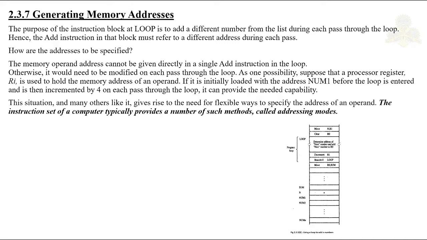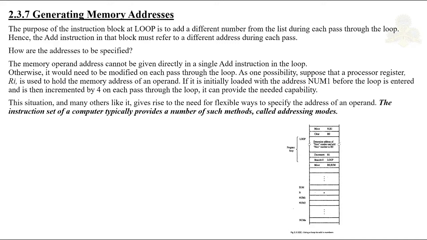How are these addresses specified? There should be some way, right? We can use a processor register, any one from R0 through Rn-1, to hold the memory address of the operand. First, the address of num1 is loaded into this register before the loop is entered.